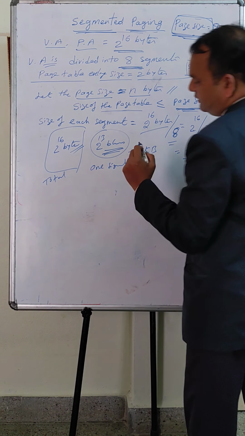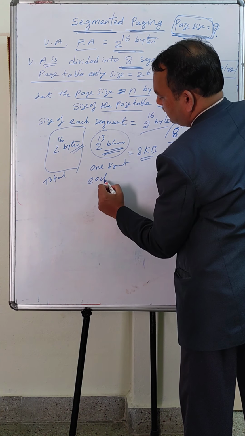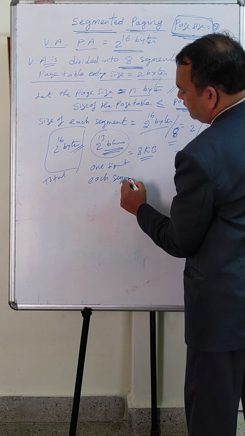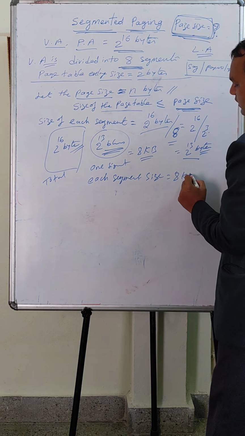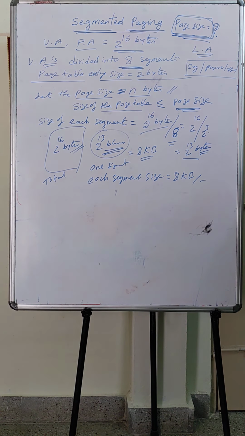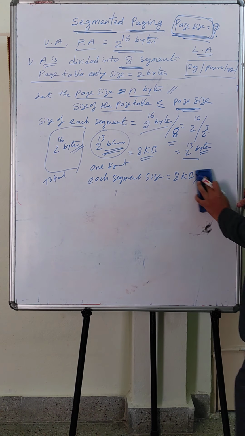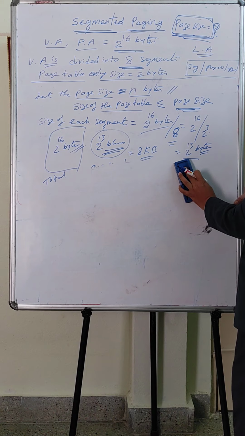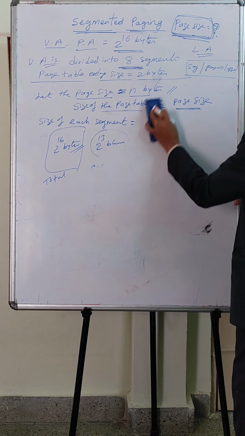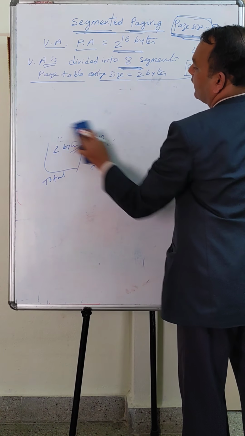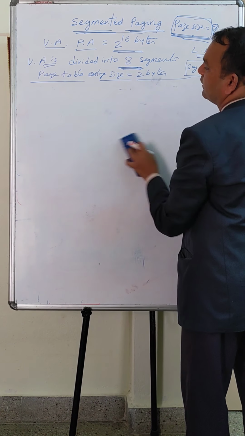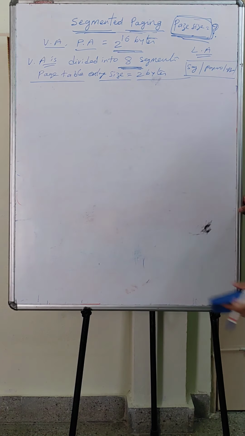So each segment size is equal to 8 KB. Now we found that each segment is 8 KB.